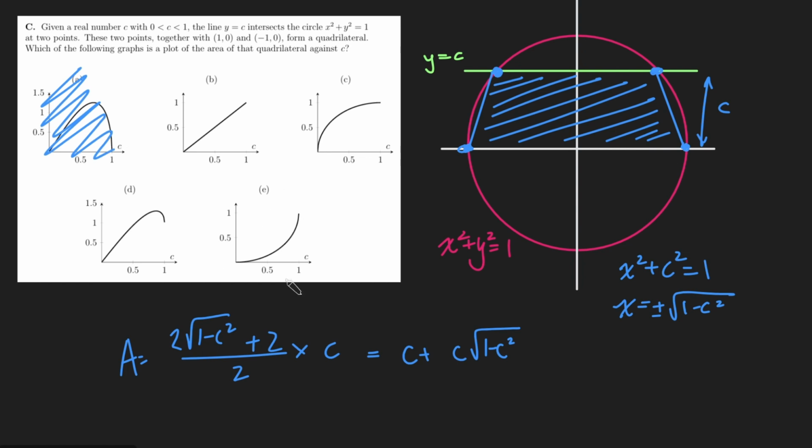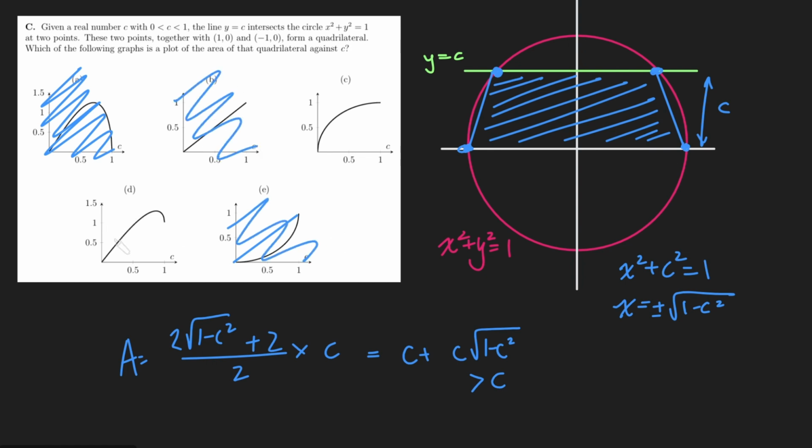We're left with 4 options here, and you can arguably eliminate E and B using the fact that this thing here is clearly going to be greater than c, because this thing here is positive, and you've got c plus a positive thing, so it must be bigger than the straight line with gradient 1. Option E has a curve that goes underneath this straight line, so you can ignore that. And this is just a straight line.